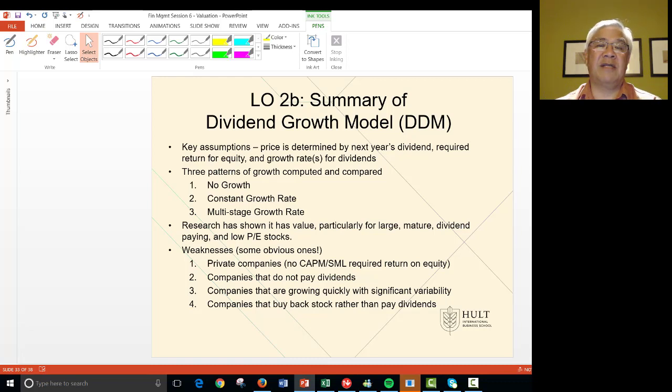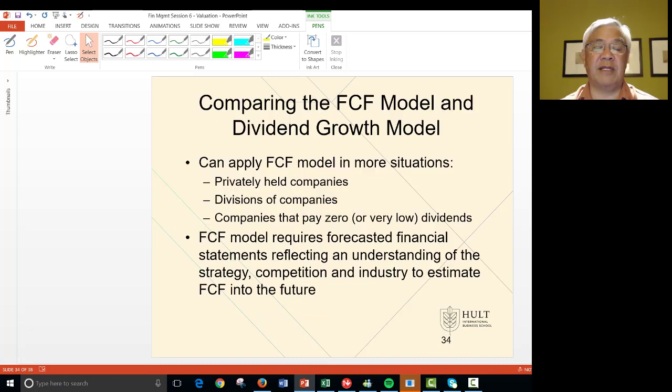However, if they make a lot of money this year and they said instead they're going to buy back stock, they convey value to the shareholders by reducing the shares outstanding, thereby increasing the stock price. That would lead to value creation for the shareholders. And of course, DDM does not cover that. So several weaknesses.